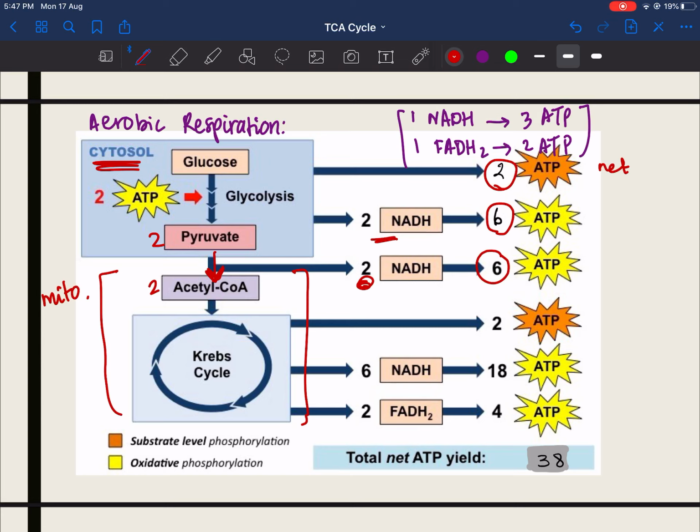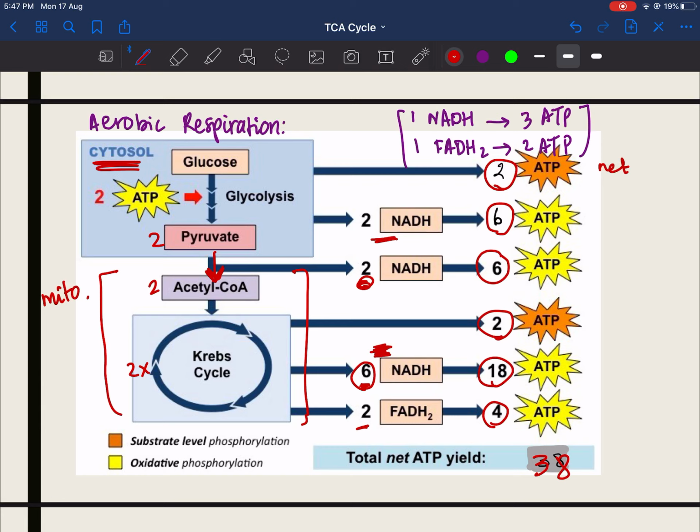The Krebs cycle: 2 ATP, 6 NADH, 2 FADH2. Again, the Krebs cycle has been multiplied by two because one Krebs cycle is going to give you 3 NADH, not 6. But since we've already multiplied it by 2, so 6 NADH, 2 FADH2 is 4, and 6 3s are 18. And if you were to add this all up, you would get 38.